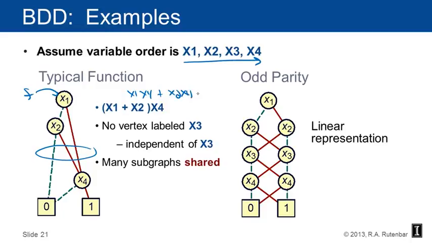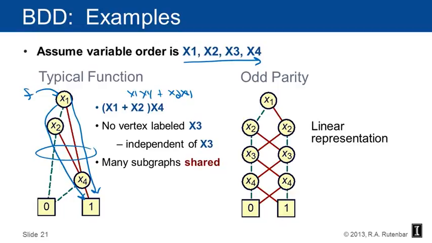And so what I expect is the only two ways to make this function a 1 are I need to make the first term a 1, or I need to make the second term a 1, right? And the way to make the first term a 1 is to go down this path, which says x1 has to be a 1 and x4 has to be a 1. And the way to make the second path a 1 is to go down this path, which insists that x2 is a 1 and x4 is a 1.